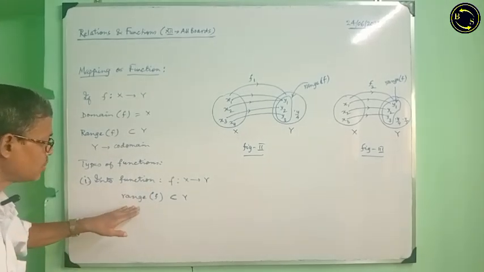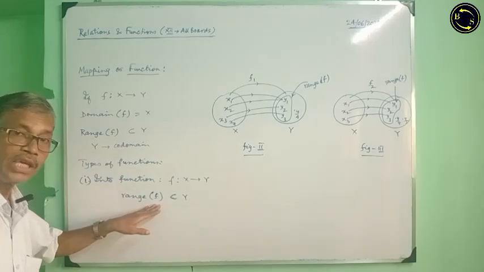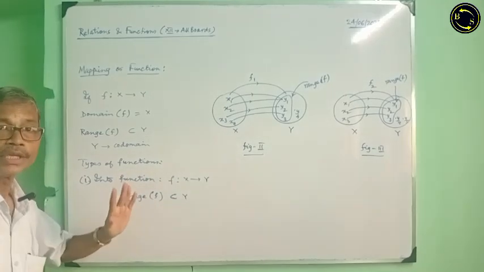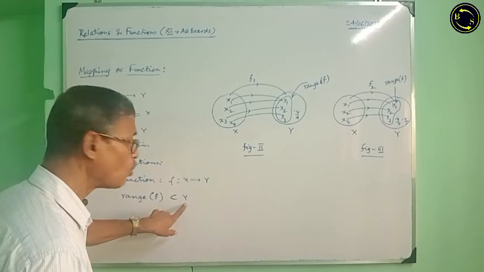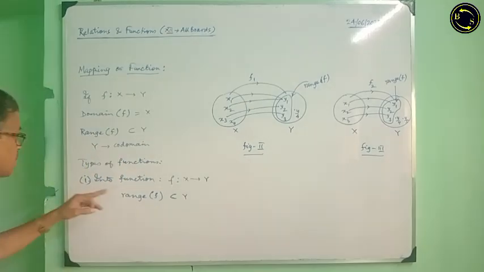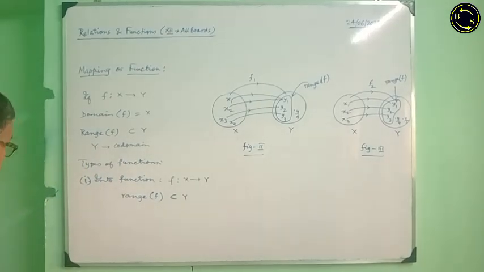Therefore, if the range of the function f is a proper subset of Y, that is the codomain, then we say this is an into function.